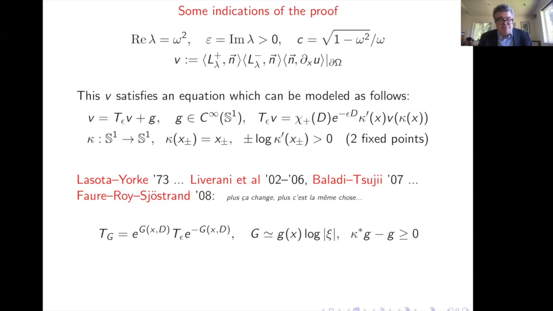What you do is close in spirit to the work of Faure-Roy-Sjöstrand. You find a weight, and you conjugate your operator by this weight, and this weight, roughly speaking, behaves like some function on the circle times log of the absolute value of psi.